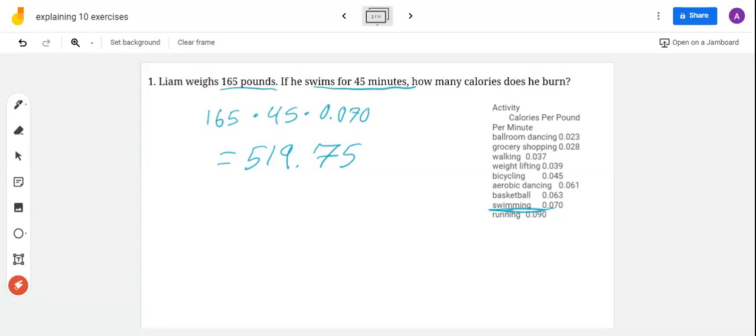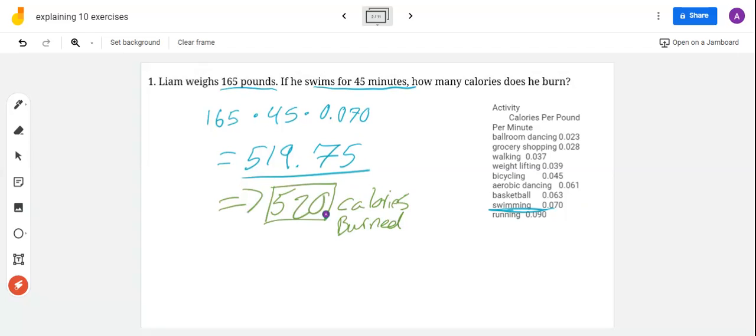But I would scale up, so you would either get that as your answer, or you would get this, the rounded up one, which is 520 calories burned.